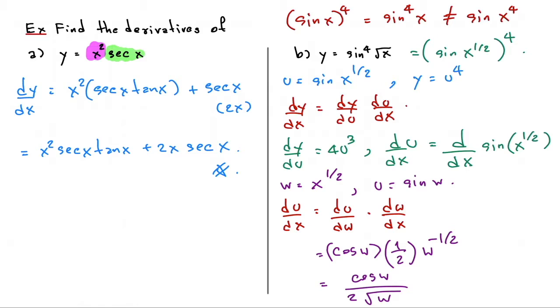But what is w? w is x to the power of 1/2, right? So here it's cos w divided by 2 square root of x to the power of 1/2.